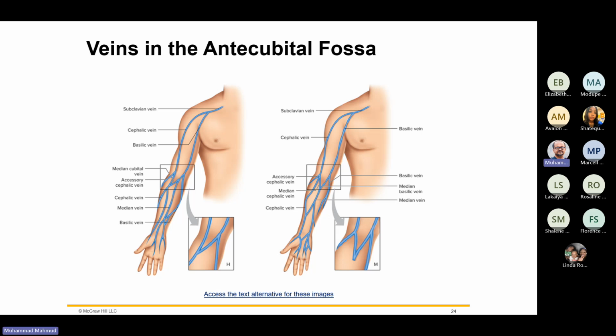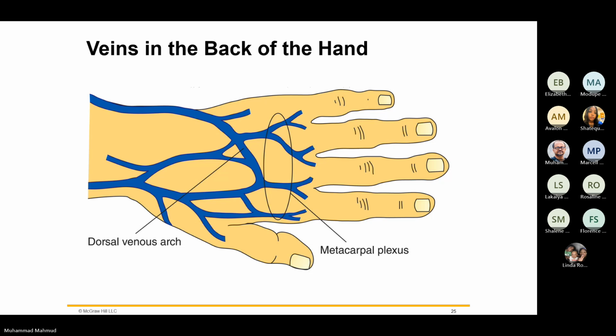The two most common vein patterns are the H pattern and M pattern you see here in this picture. So that will be our most commonly used area for venipuncture. We can also use veins in the back of the hand, the dorsal arch, as you see.